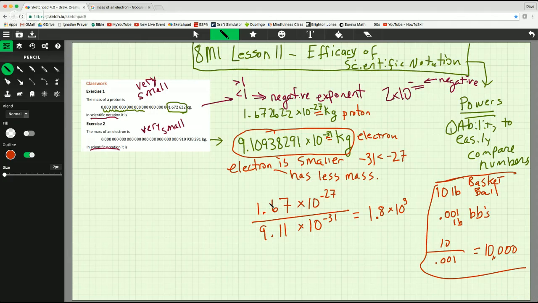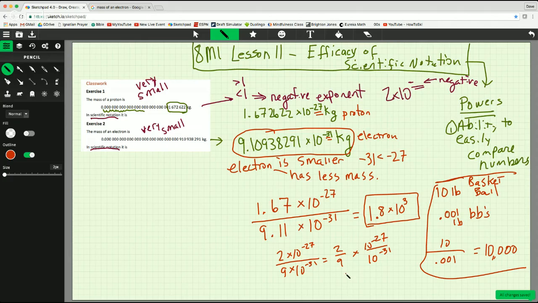And that kind of makes sense, because if we just wanted to estimate, let's see if this number makes sense. This is the number I got out of my calculator when I entered it. But if we round this number, it's about 2 times 10 to the negative 27. If we divide that by 9 times 10 to the negative 31st, remember how we divide, we get 2 over 9 times 10 to the negative 27 over 10 to the negative 31st.